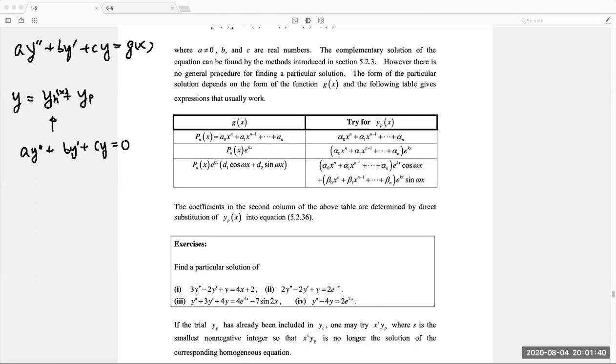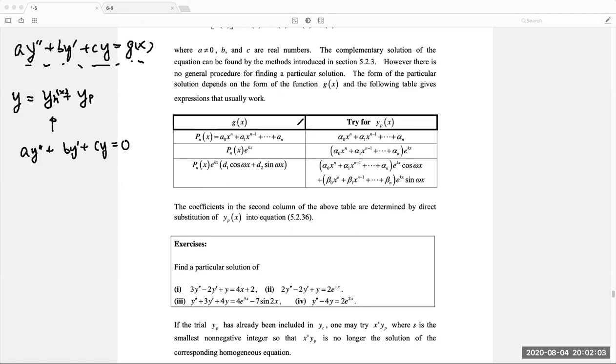And then for the particular solution, you are trying to find a particular function with no arbitrary constant, such that this equation is balanced. So actually, there is some room for you to try the particular solution.